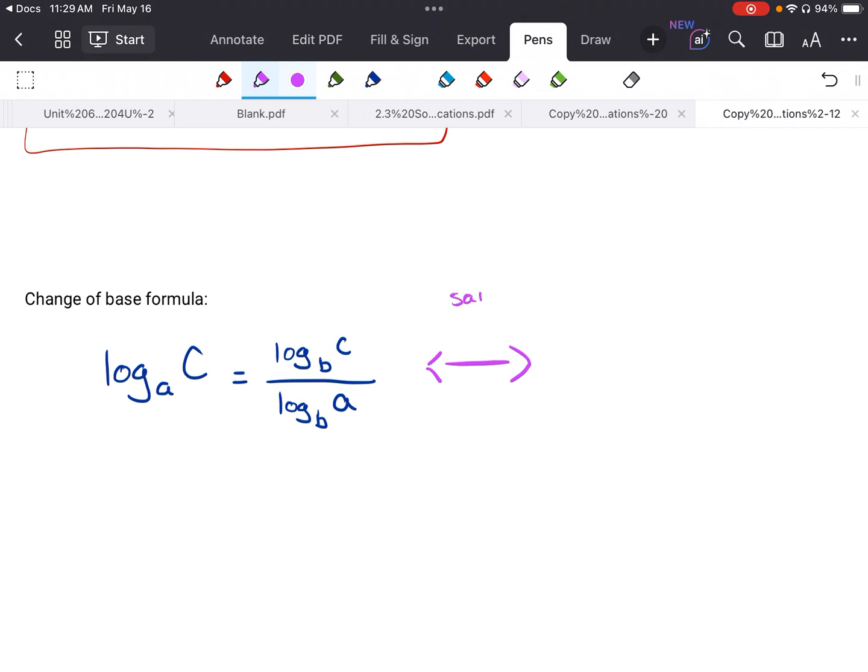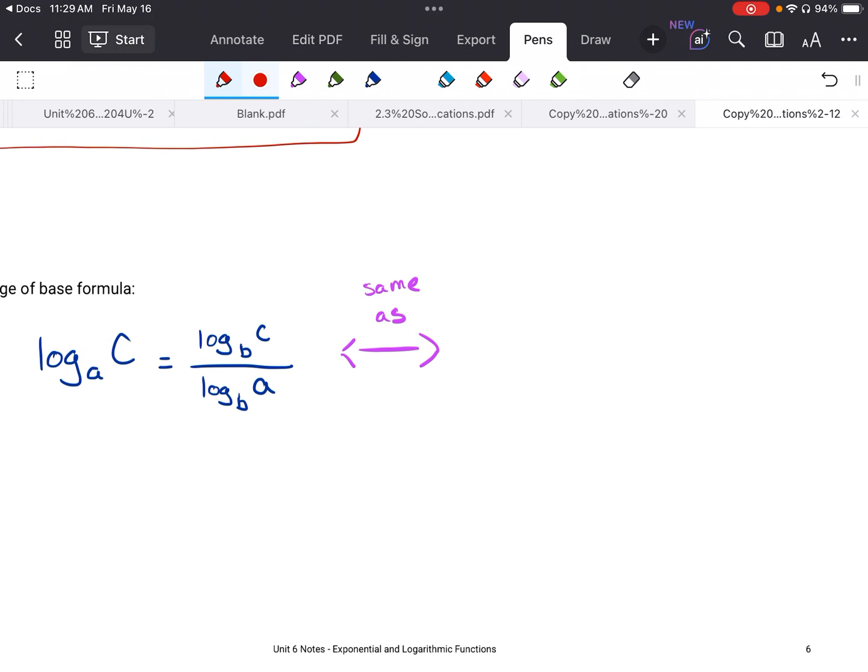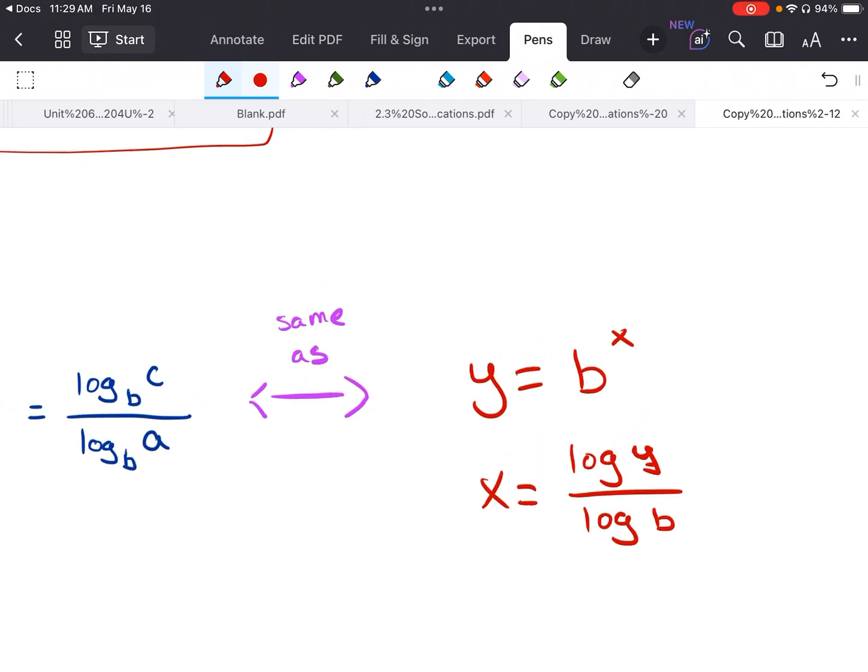And this will be the same as if we had y equals b to the power x. x would be log y divided by log b. Okay, so we looked at this before.